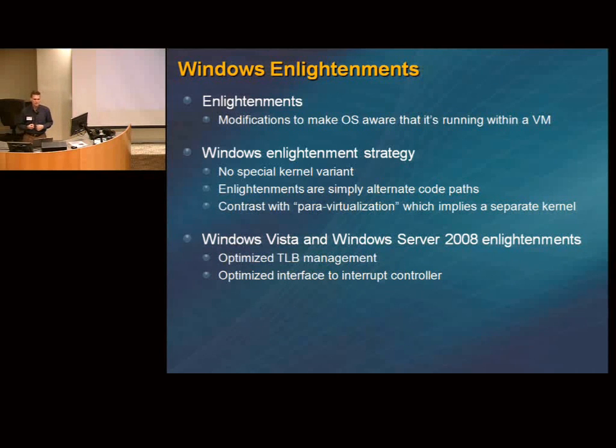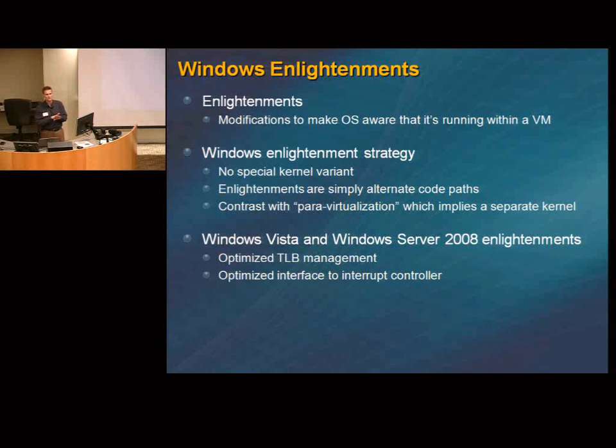And we've taken this approach. You can contrast it with the approach that the open source community has taken. They have a technique that they refer to as para-virtualization. You may have heard of that. It's very similar in concept, but it generally refers to a separate binary. So there are two versions of the Linux kernel, one that has the virtualization code paths compiled into it, and one that runs on a physical machine.